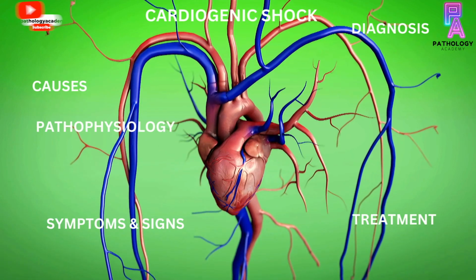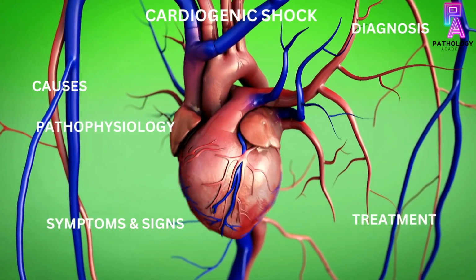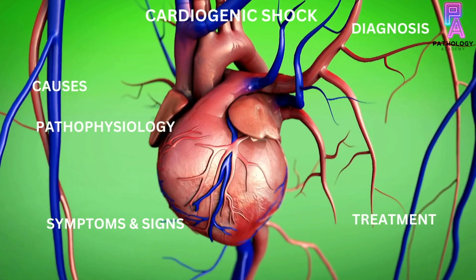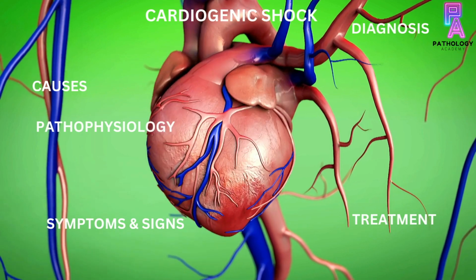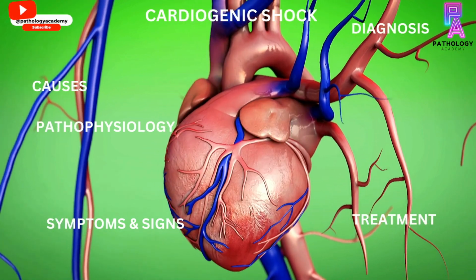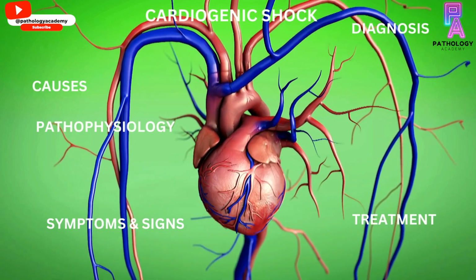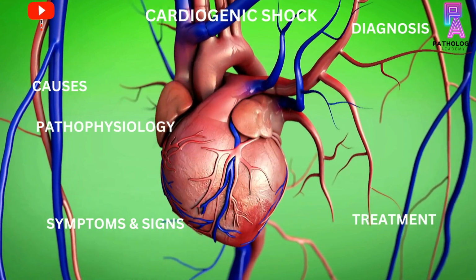The signs and symptoms of cardiogenic shock include low blood pressure, tachycardia, cool clammy skin, distended jugular veins, oliguria, hyperventilation, fatigue, pulmonary edema, frothy sputum, chest pain, and loss of consciousness. And the treatment is individualized depending on the patient's condition.